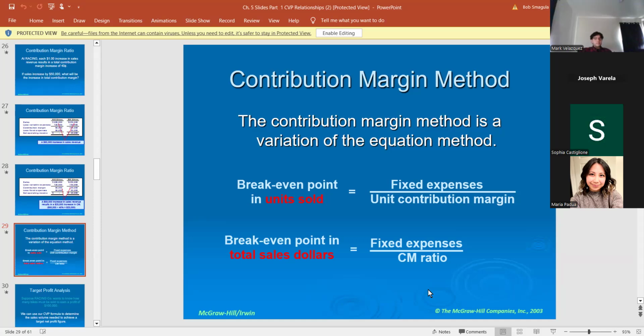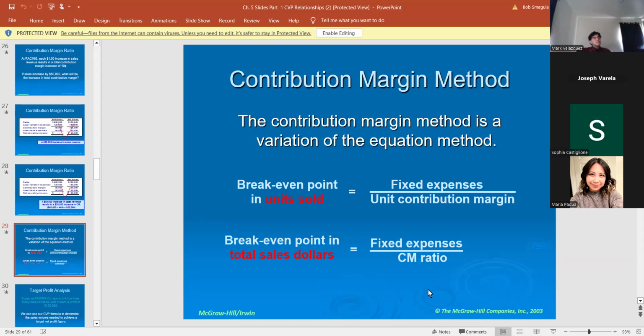Here we go. This is all you need to come up with the break-even point, unless you like to use those formulas, unless you want to put a big map on your bedroom wall and put a giant graph and draw lines. This is the way to go, okay?